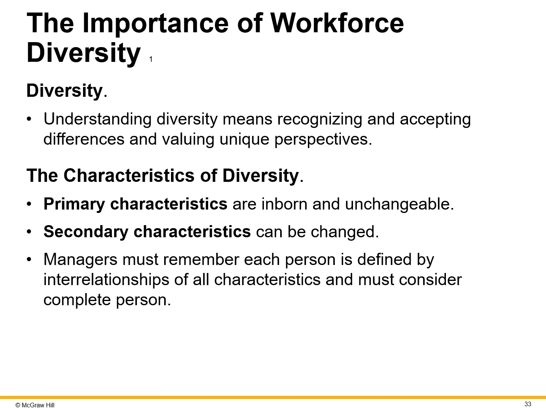Secondary characteristics of diversity include work background, income, marital status, military experience, religious beliefs, geographic location, parental status, and education. Although defining characteristics as primary and secondary can help enhance our understanding, we must remember that each person is defined by the interrelationships of all characteristics.